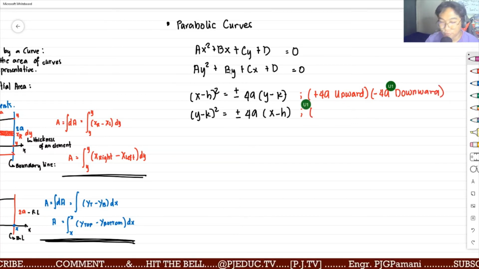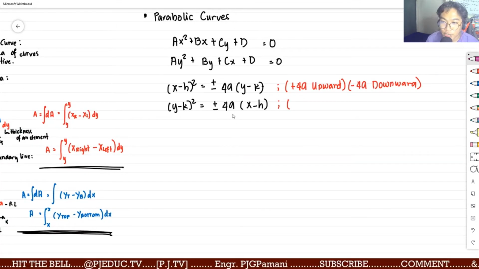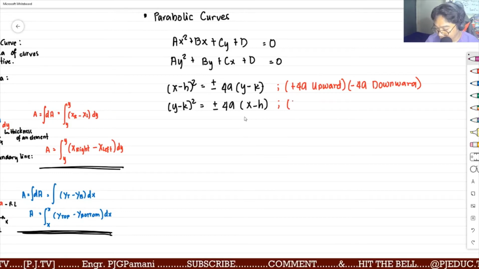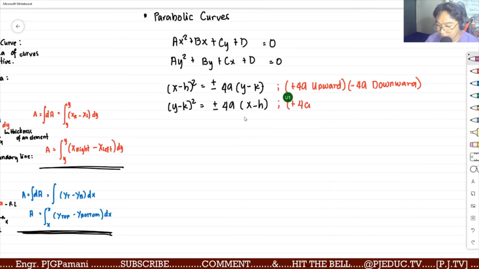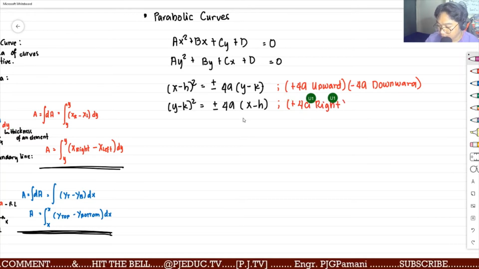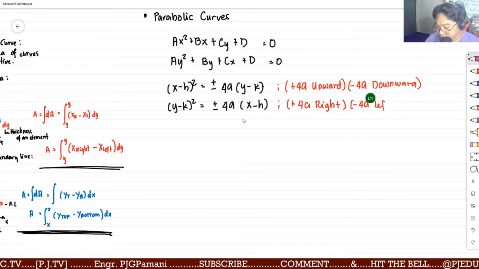Now, if the parabolic curve is in terms of the y-axis, positive 4a means the parabolic curve is opening to the right, and if it is negative 4a, it is opening to the left.